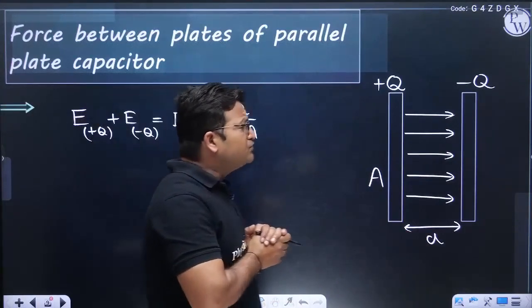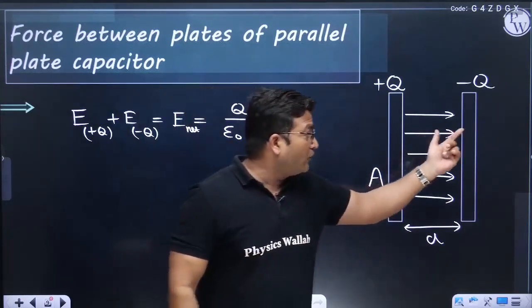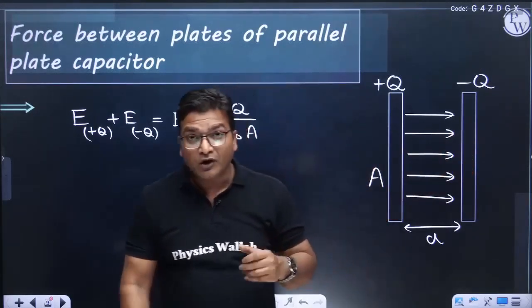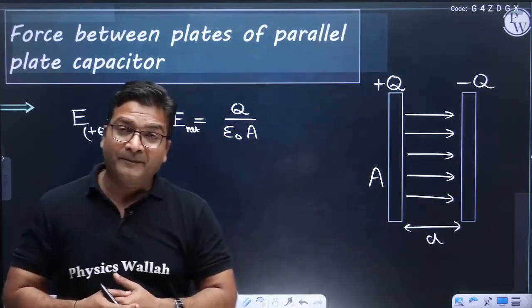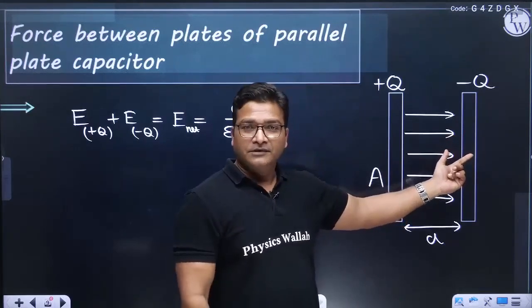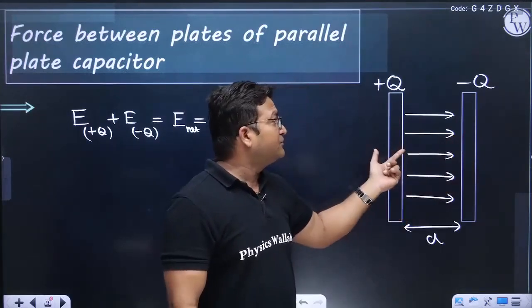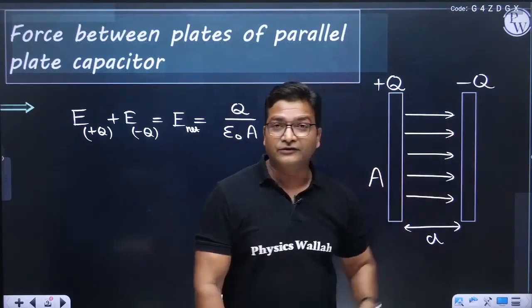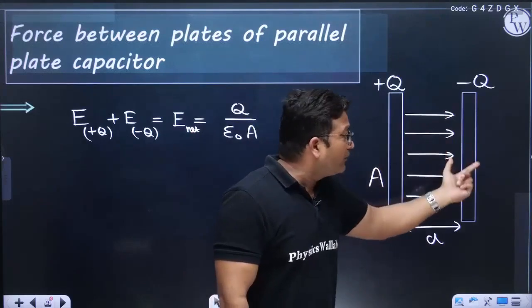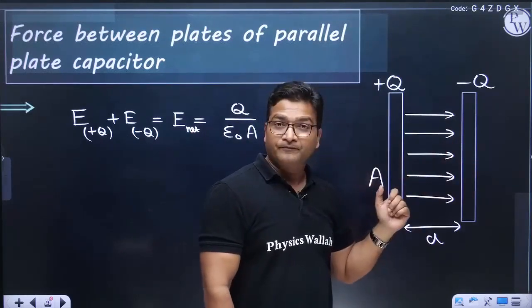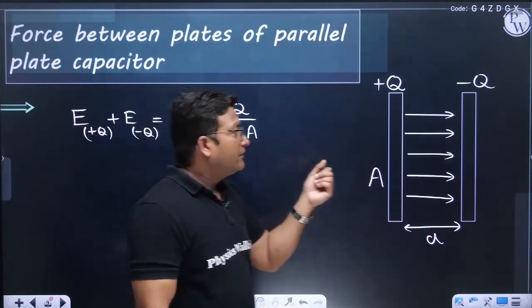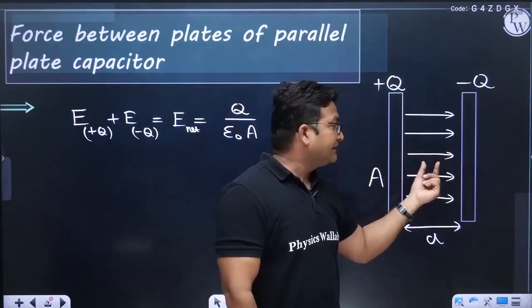But if we want to know the force on the minus Q charge or the force on the plus Q charge, because that is the force between the two plates of the capacitor, actually on the minus Q charge, only the field of the plus Q charge will apply force. Or you can say on the plus Q charge, only the field of the minus Q charge will apply force. In the net field, the field of both charges is added.